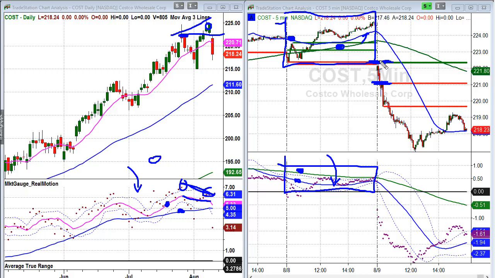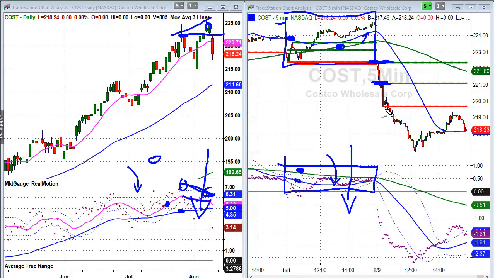If the market breaks in the direction of Real Motion, and in this case I've got Real Motion on the daily telling me the market's ready to reverse, and Real Motion on the 5-minute giving me the pattern that says if it breaks the 5-minute opening range it's probably going to be a big downtrend day.